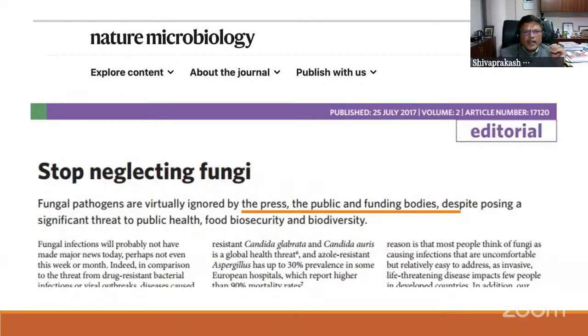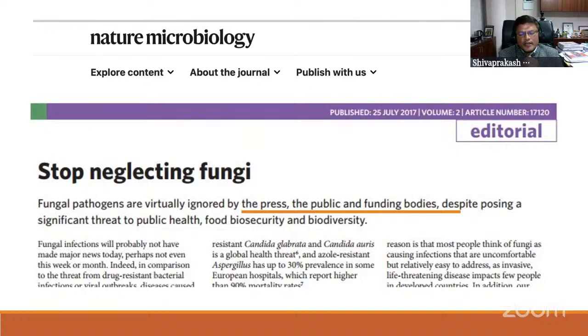Regarding fungal infections, you all know that fungus is already a neglected one. So we should not neglect the fungus. Now you can see this is one of the warnings. Many warnings have been given. Fungal disease is not only a problem for humans, it's also a problem for the environment, and many animals like toads are getting extinct because of fungal infection.